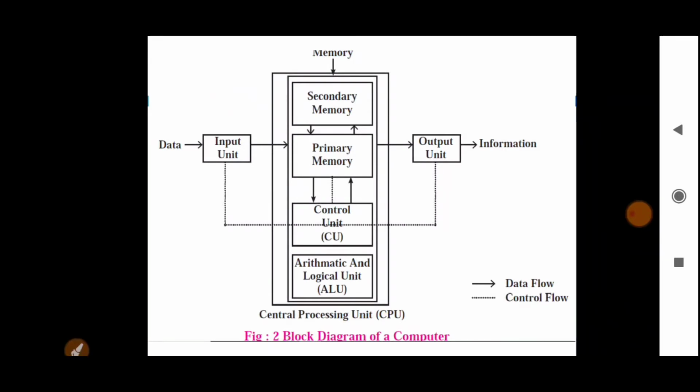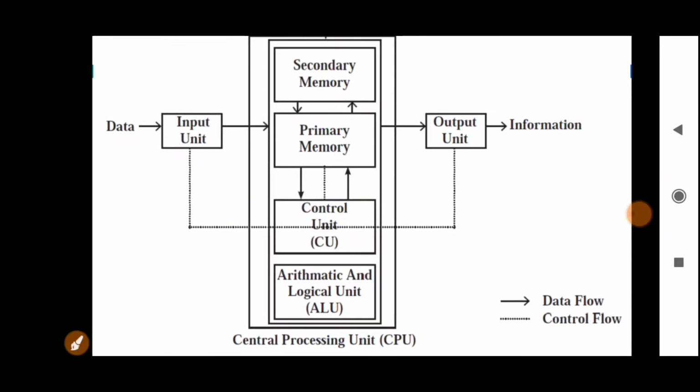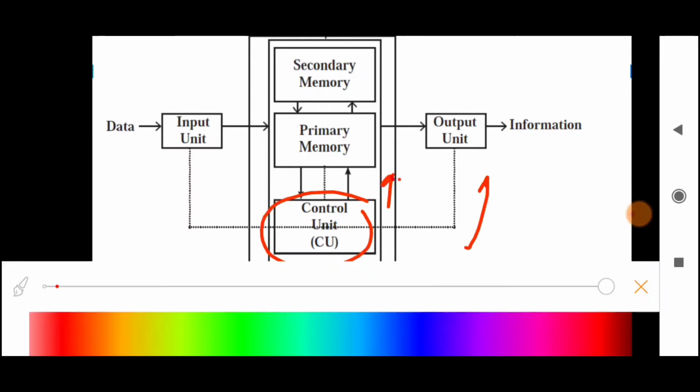Here we can see that the dotted line indicates the control flow, and the solid line indicates the data flow. So in this diagram, there is a dotted line coming from the control unit to the output unit, to the memory, and to the input unit.